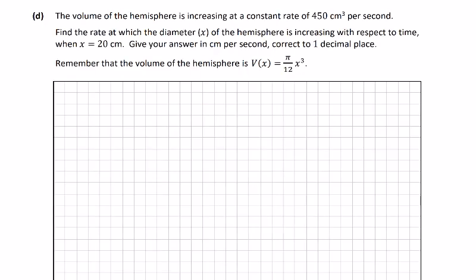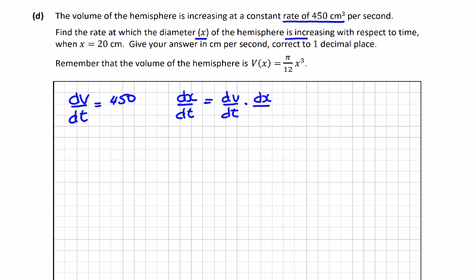Part D, the volume is increasing at a constant rate of 450 centimeters cubed per second. So volume and time, so dV/dt is volume over time, 450. And we want to find the rate at which the diameter is increasing. The diameter is x, so we're looking for dx/dt. Creating my chain rule, dx/dt is equal to dV/dt times dx/dV, and we have V here in terms of x.